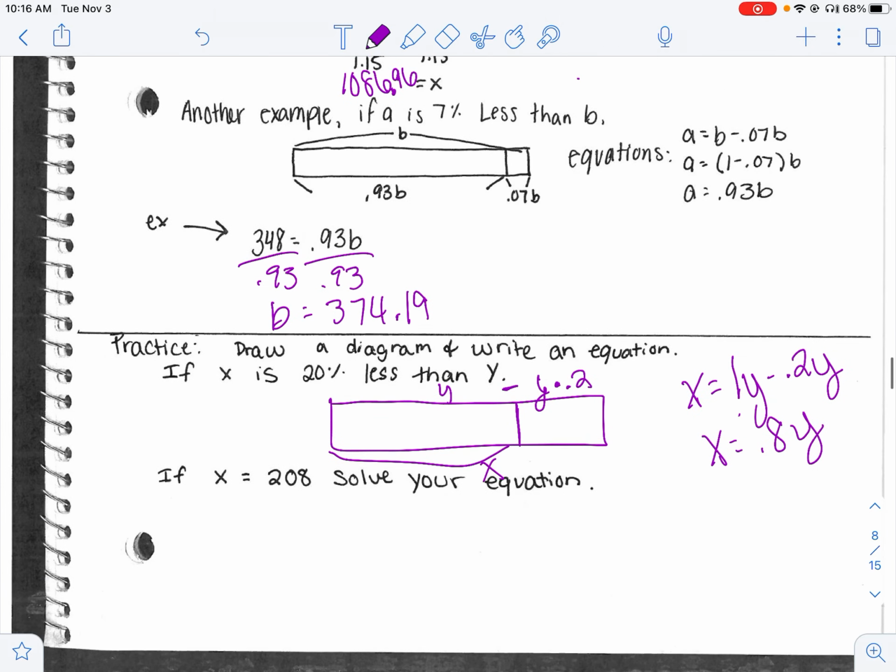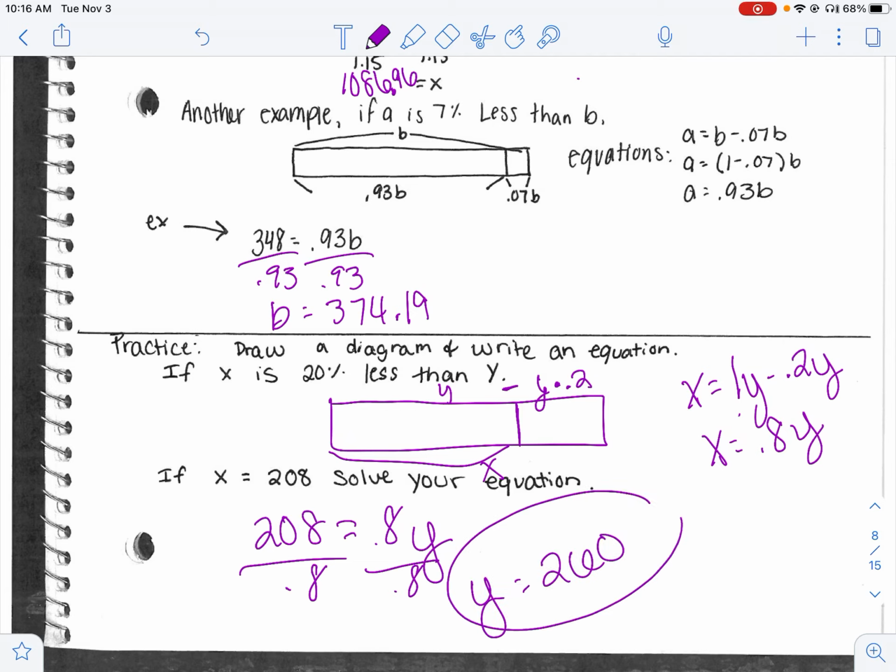In this one it says x equals 208, so we take 208 equals 0.8y, and we need to solve for y. We divide by 0.8 on both sides. 208 divided by 0.8 is 260, so y equals 260.